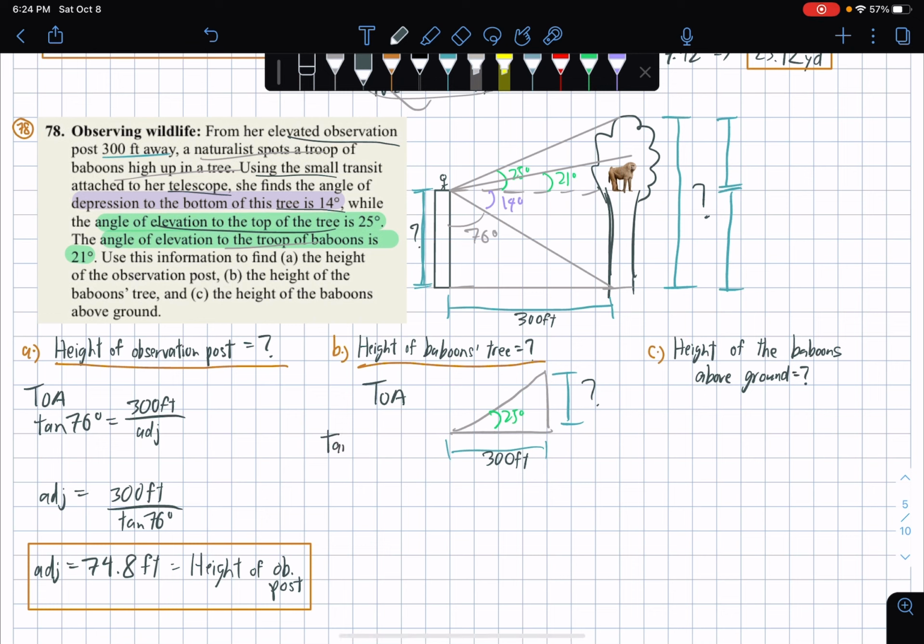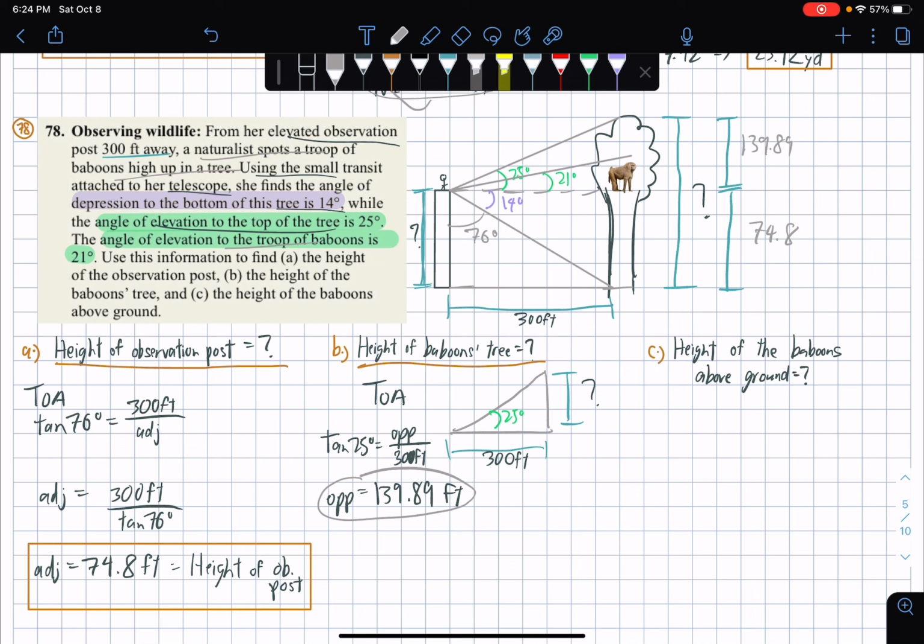So tan 25 degrees is equal to the opposite side, the missing value, divided by 300 feet, which presents itself as the adjacent side. So opposite is equal to 300 tangent 25, which is equal to 139.89 feet. So given this value, this is 139.89, and the adjacent side would present itself as 74.8.